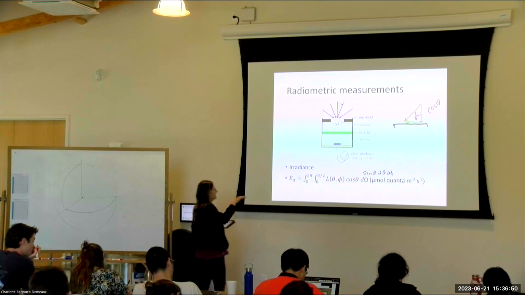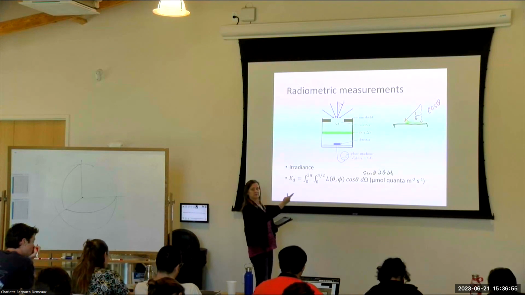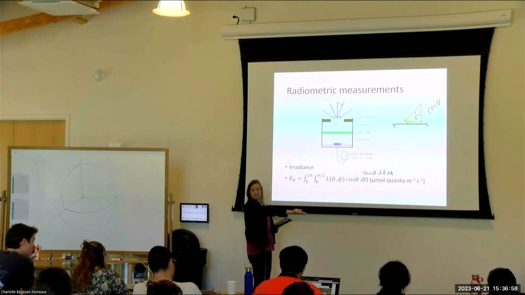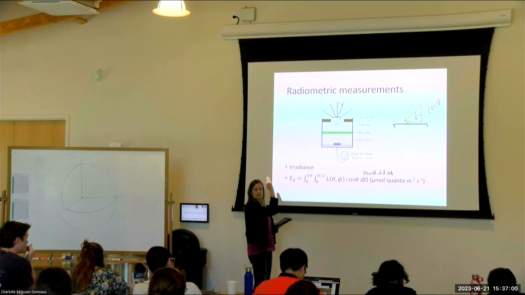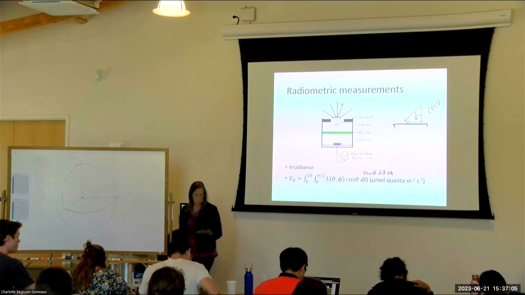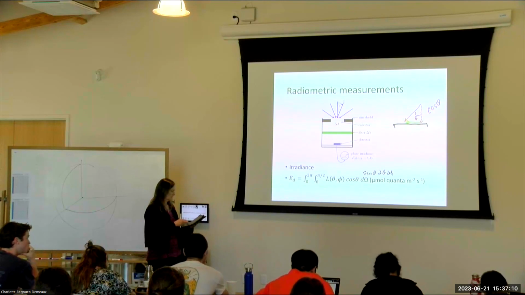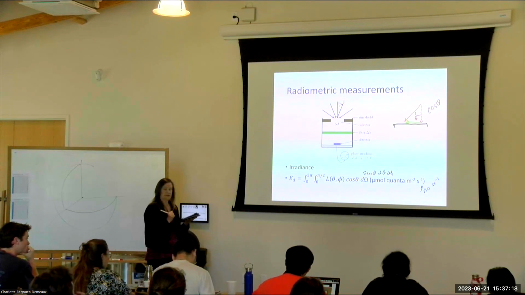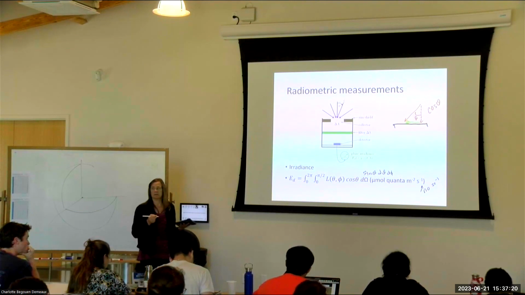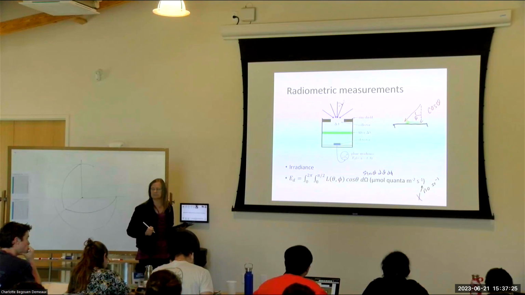For the downward irradiance, we're integrating over all azimuth angles, but just 0 to pi by 2 in theta. So the units no longer have the steradians. You have no solid angle dependence because you integrate over all of it.